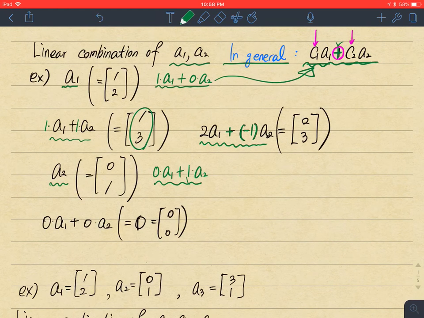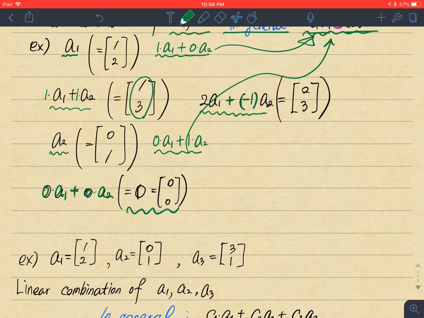So it just looks like this. And also 0 is a linear combination of a1 and a2 because it is 0 times a1 plus 0 times a2.